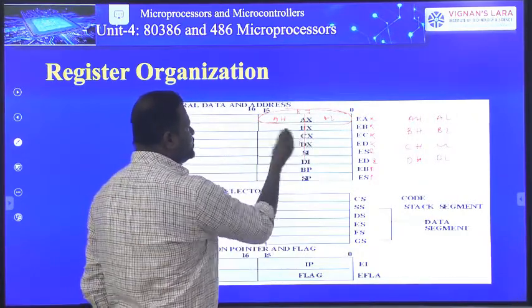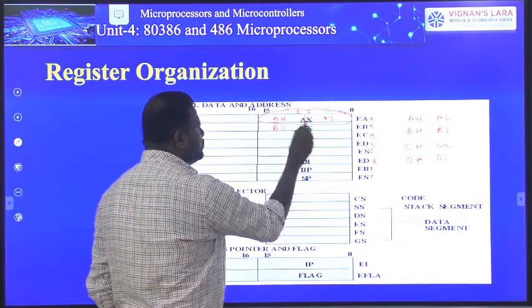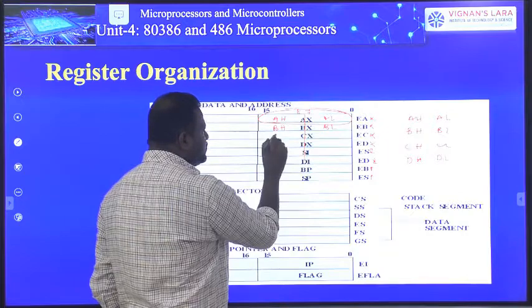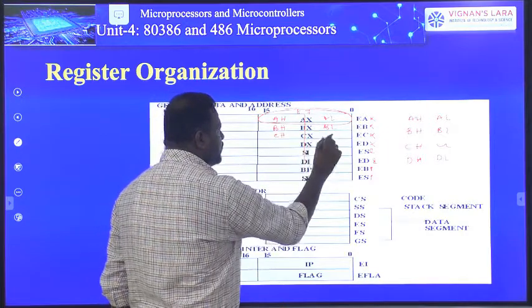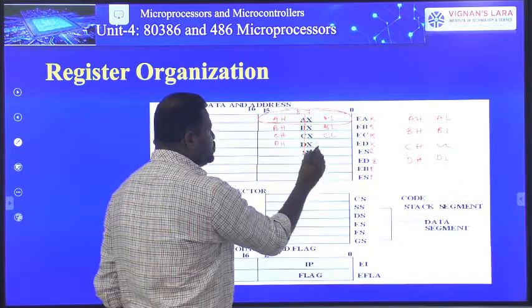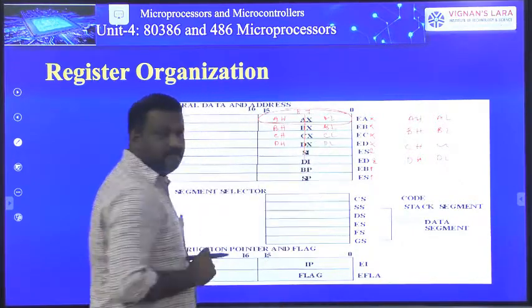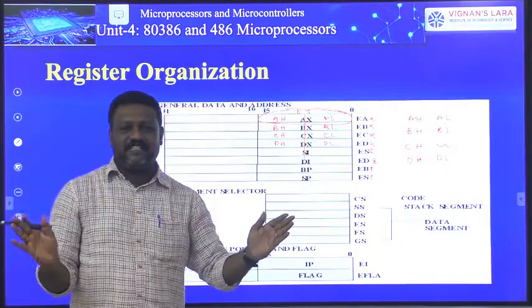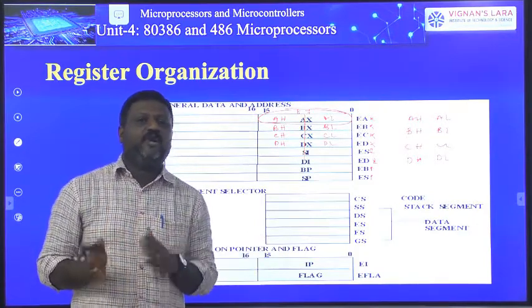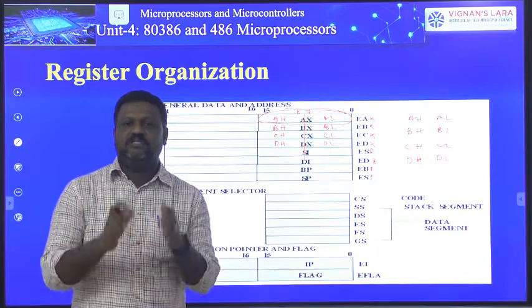And similarly BX as BH and BL, CX as CH and CL, and DX as DH and DL.